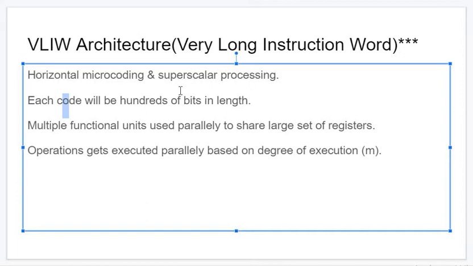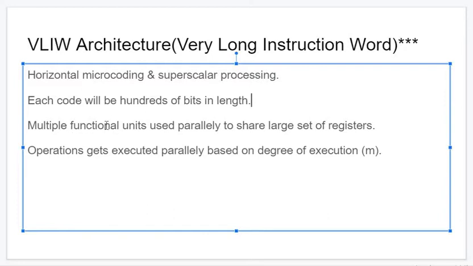Because we wrote the program in RISC, so the number of instructions will be more. Each instruction is also more in bits, such a high number of instructions. So totally what happened? Data is very bulky. That is the meaning, and in such a situation we have to use VLIW architecture.